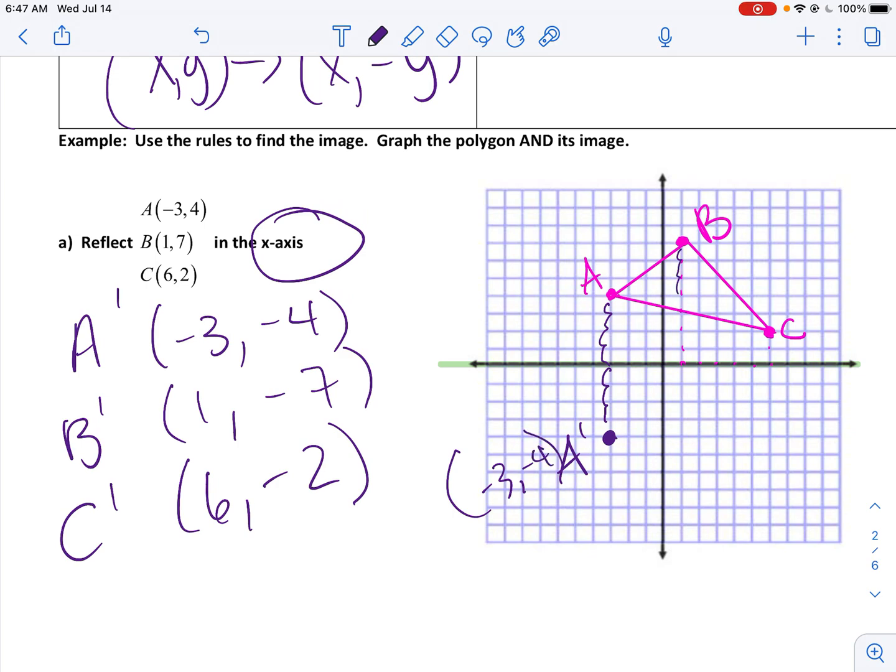And then B is 7 away, so I go down 7. And that's B prime. And that's the point. Oops, no, it is not negative. It is 1, -7. And then this one is only 2 away. So 1, 2. That's C prime.